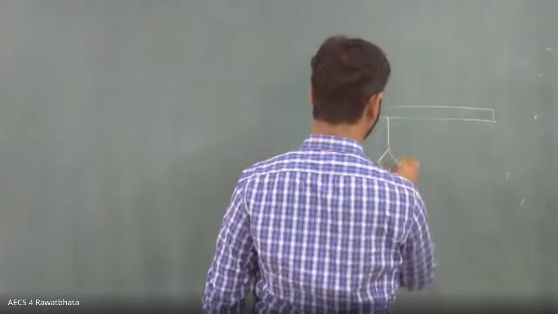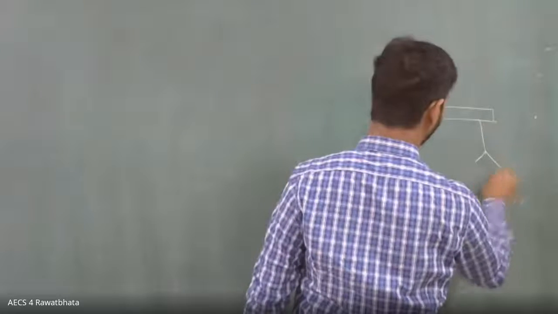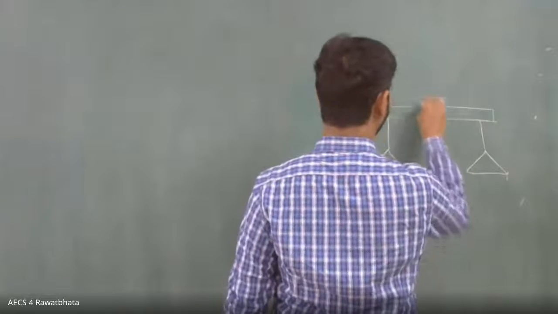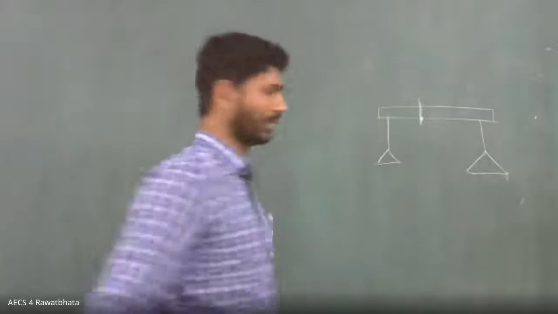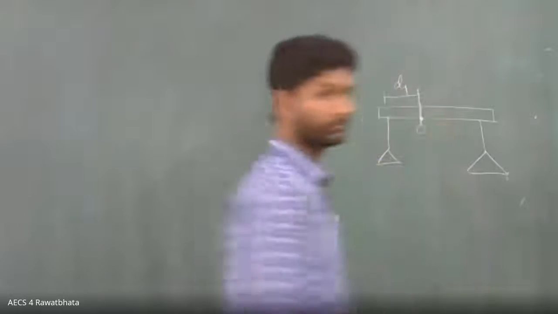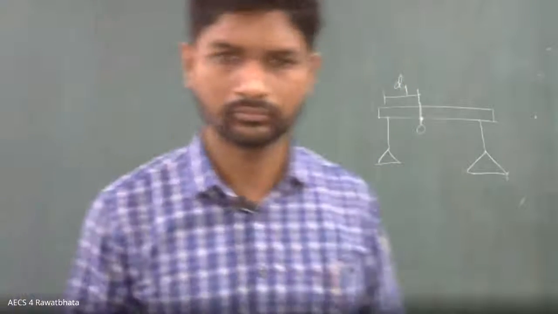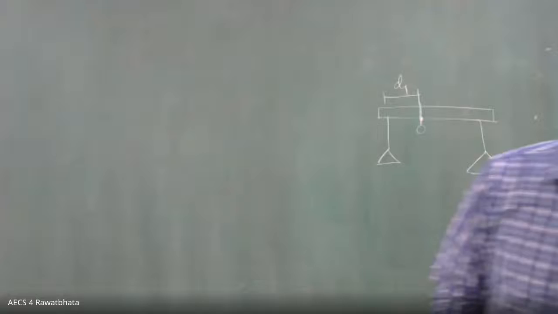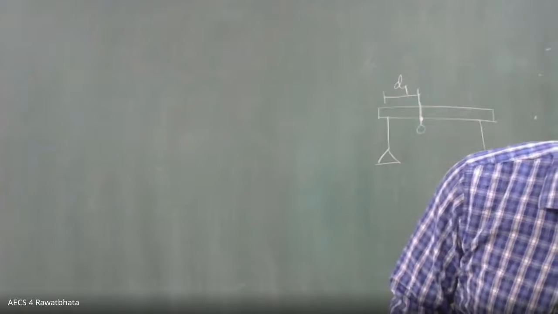Force is applied here, and force is applied here, maybe smaller or bigger. And the point where the axis of rotation is, is somewhere here, O. This is the distance d1. So when the force causes the rotation anti-clockwise, then it is positive.